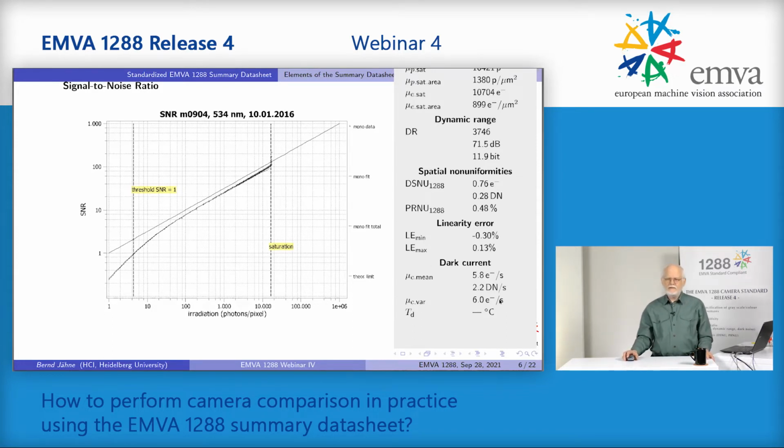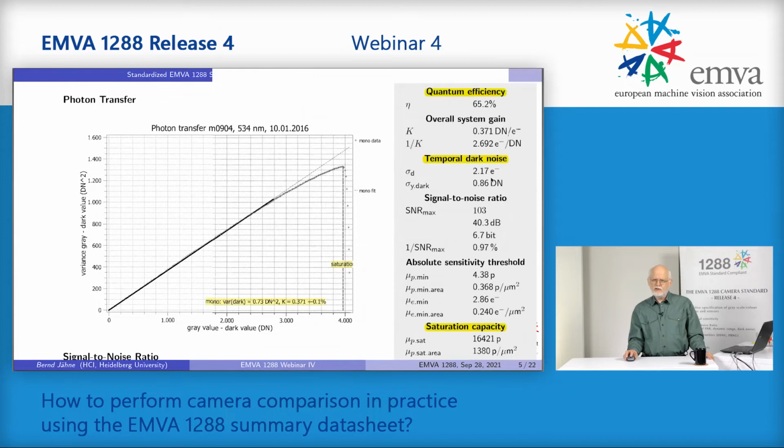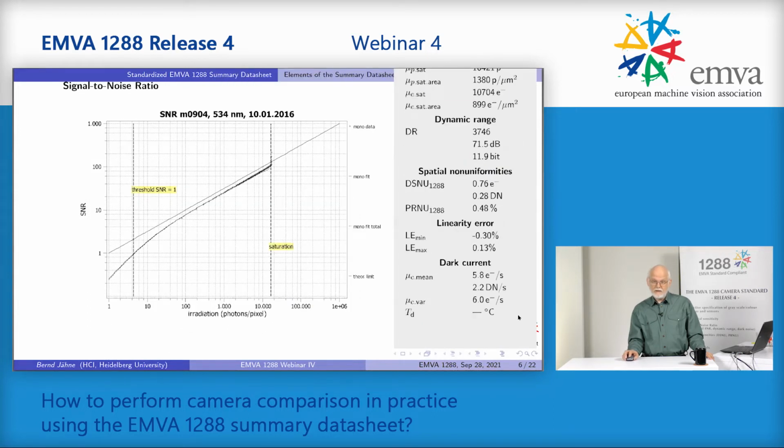And here you can already see, what was actually the temporal noise? The temporal dark noise was only 2 electrons. And we did these measurements at 1 millisecond. If I would now do a measurement at 1 second, you see the dark current produces 6 electrons per second. So that means we get additional noise, and for higher exposure times, the noise in the dark is significantly larger.